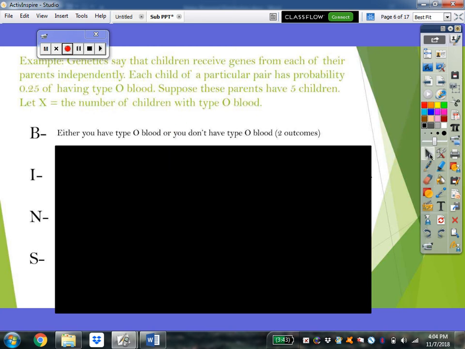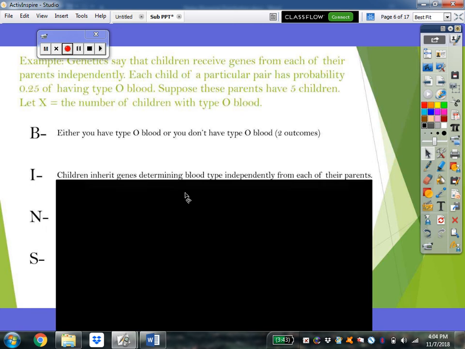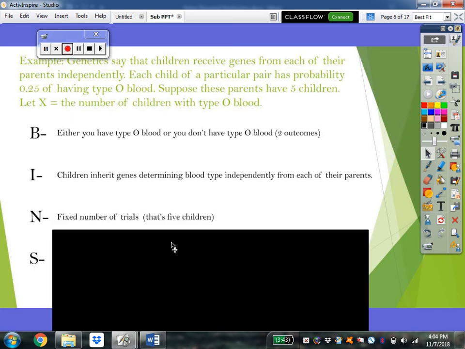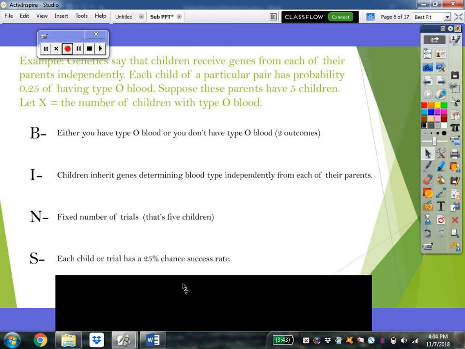Those are your only 2 possible outcomes. Then we move to I, independence. Children inherit genes determining blood type independently from each of their parents. Then N. There's a fixed number of trials. Here, that's 5 children because we are supposing that the parents have 5 children. And lastly, the paragraph up top told us that each one has a 0.25 probability, or in other words, each child has a 25% chance success rate.